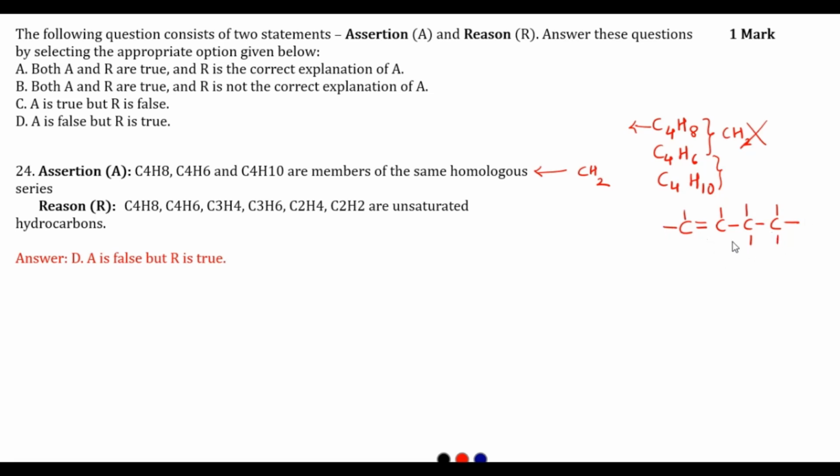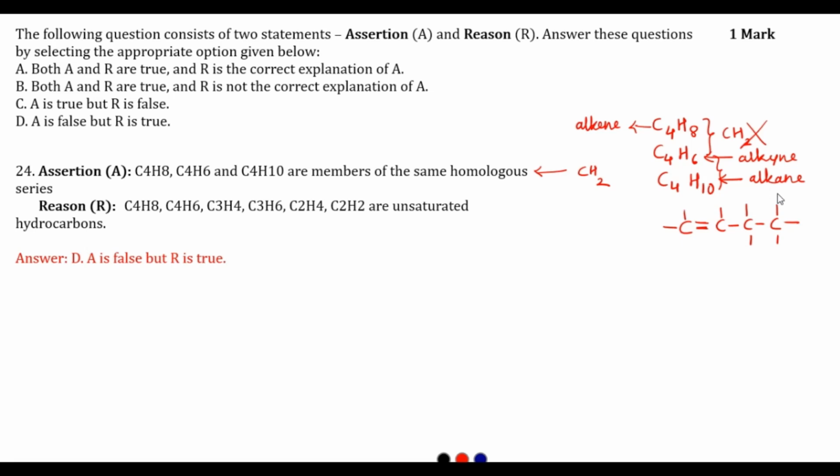So it is nothing but what? It has a double bond, which means it is an alkene. And the last one, C4H10, is an alkane because it is H10. And this one is an alkyne. So these all are members of different homologous series.